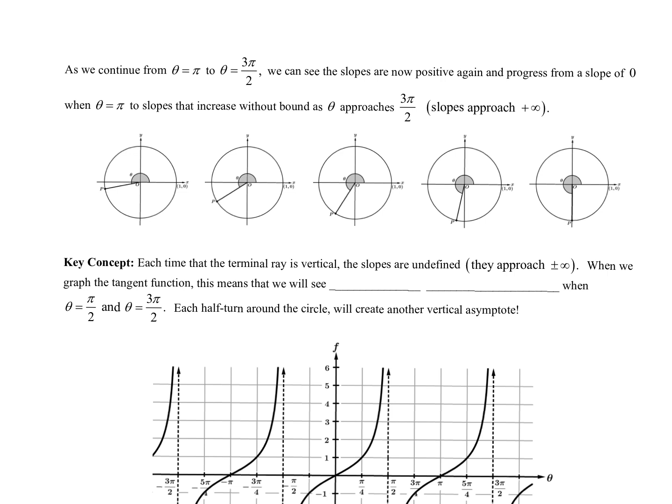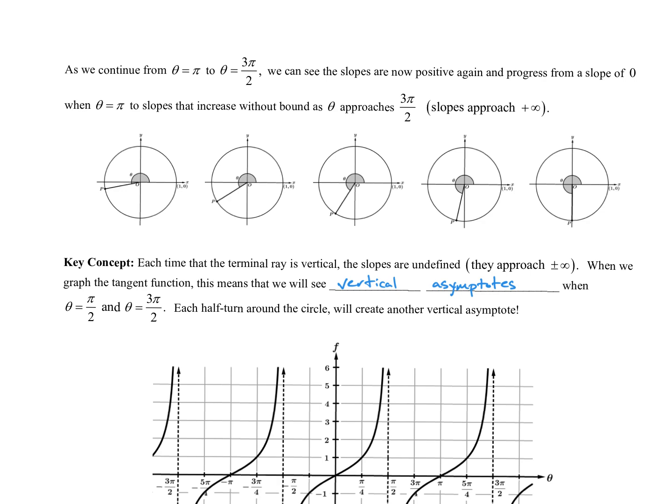Key concept. Each side of the terminal ray is vertical. The slopes are undefined. When we graph the tangent function, this means that we'll see vertical asymptotes when theta equals pi over 2 and theta equals 3 pi over 2.